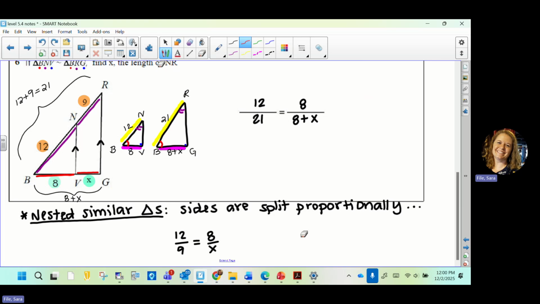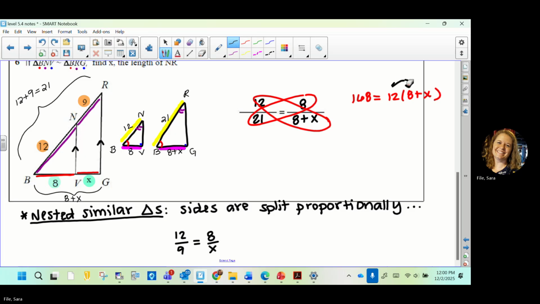Okay, so if I did this one, doing 21 by 8, which is 168, then I'm doing 12 by 8 plus x, and I would have to distribute. And 12 times 8 is 96.